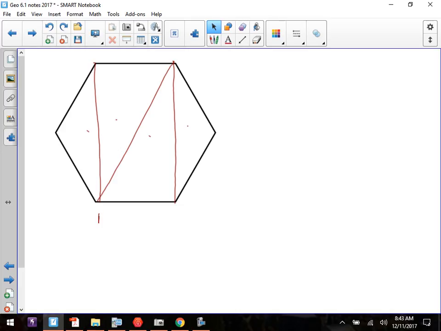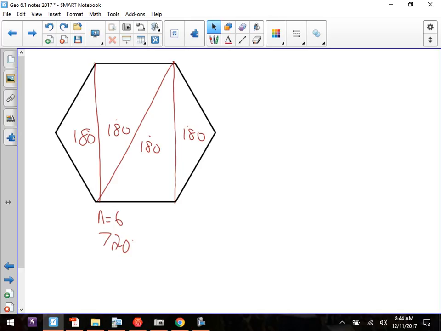So if you have 6 sides, you have 4 triangles. Well, what's 180 doubled? Double that, what do you get? 720. So when you have 6 sides in a hexagon, you've got 720 degrees total.